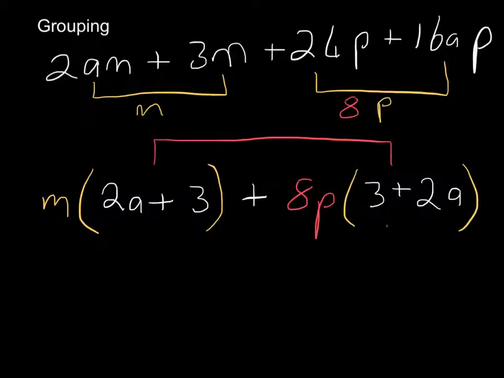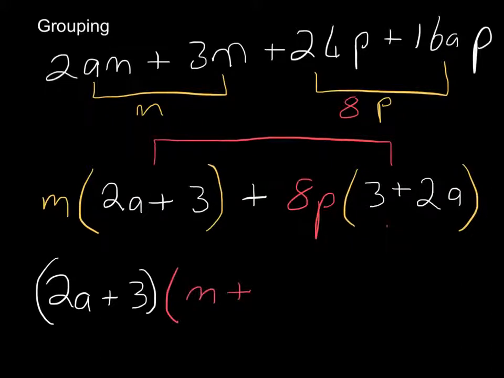So like we did with the m, we put what's common in the front, so it's 2a plus 3. And we put the brackets to show that was the bracket we took out. And what's left over is then my m and my 8p. So that leaves me with m plus 8p. And that is how we factorize through grouping.